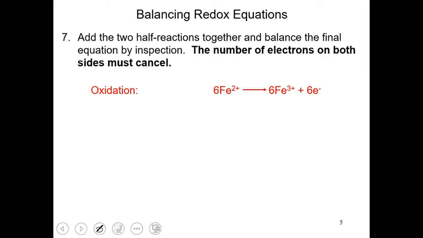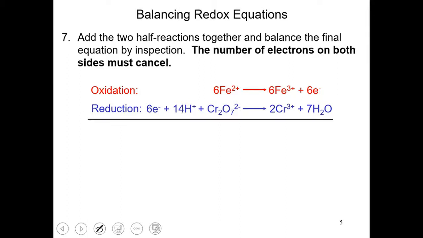Again, remember, we had to multiply the whole equation, not just the electrons. And this is the reduction half reaction. We're going to add them up. As we see, the 6 electrons on the right side of the oxidation will cancel out with the 6 electrons on the left side of the reduction. And so when we add up the equations, we get this final equation here.